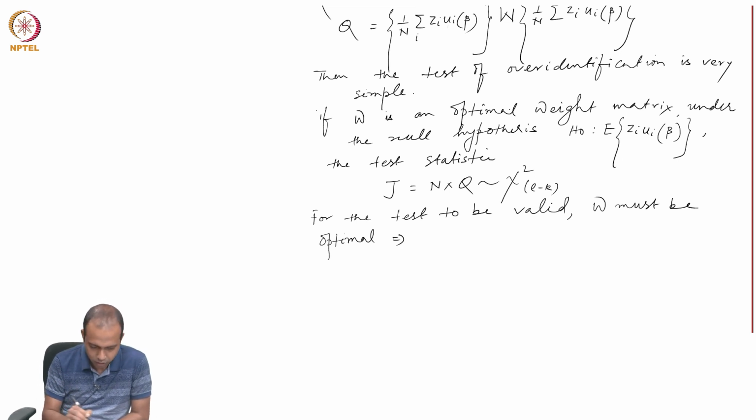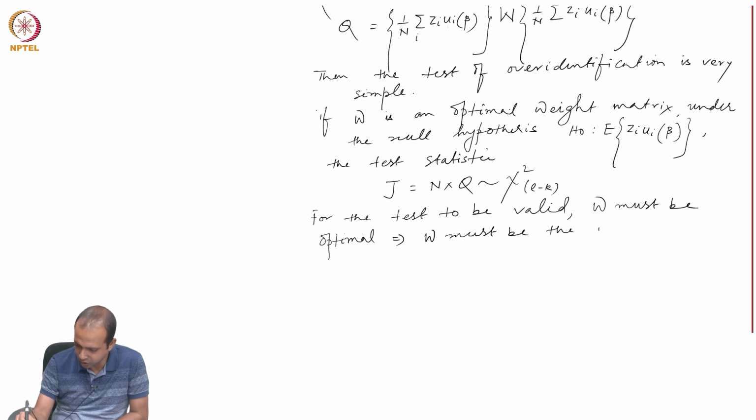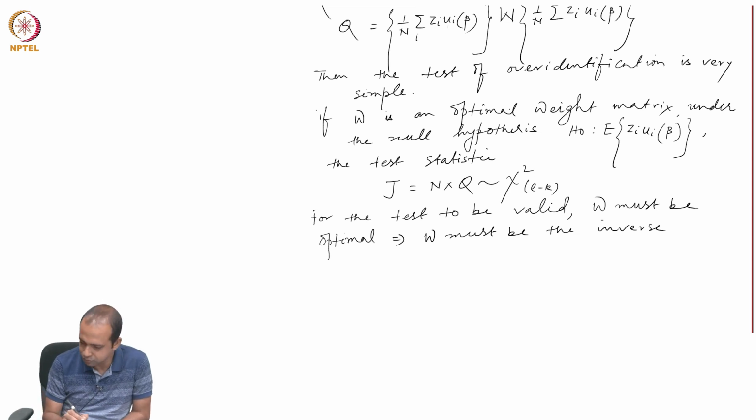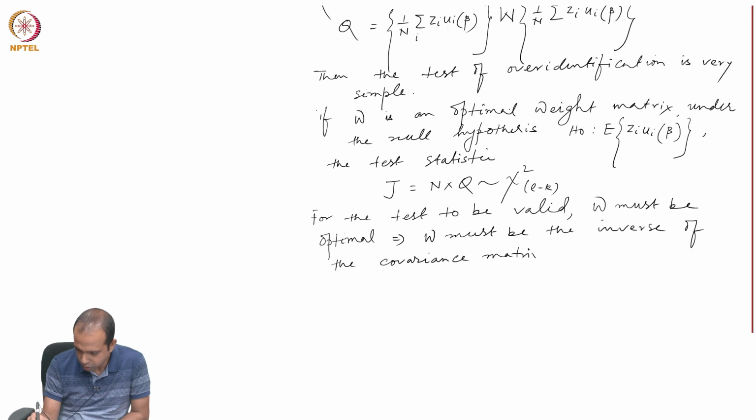That means that W must be the inverse of the covariance matrix of the moment condition.